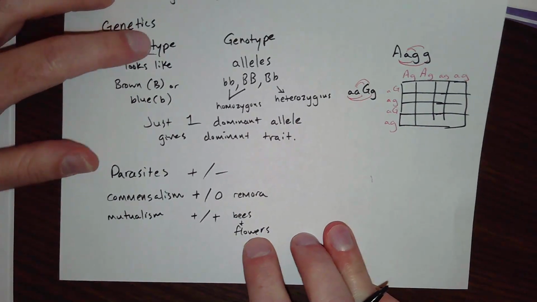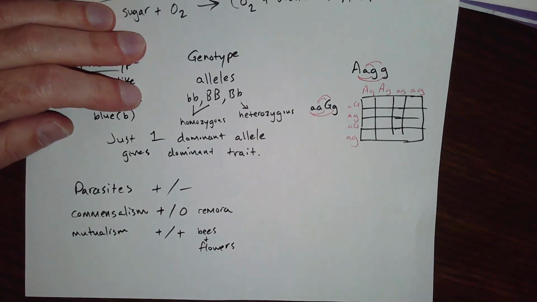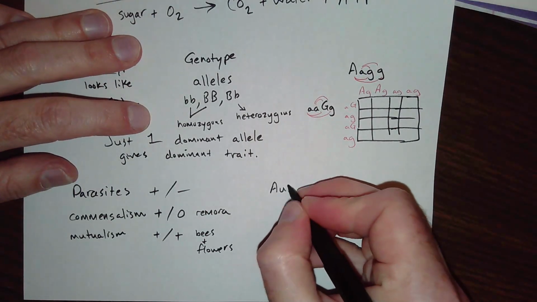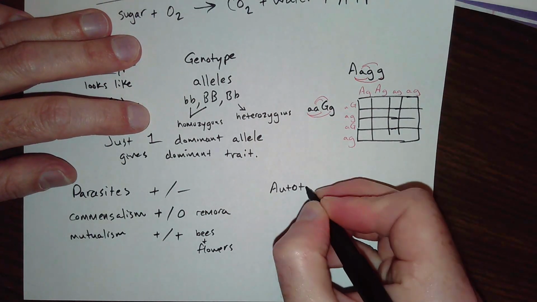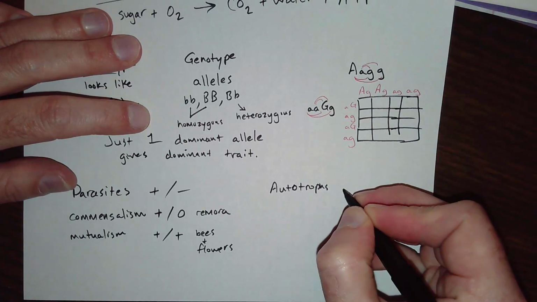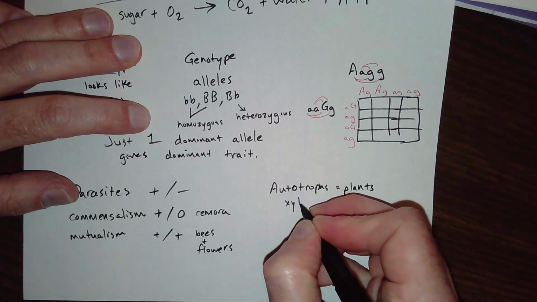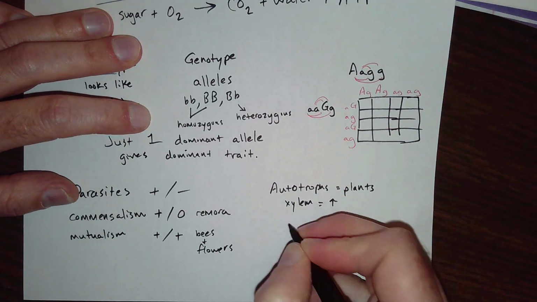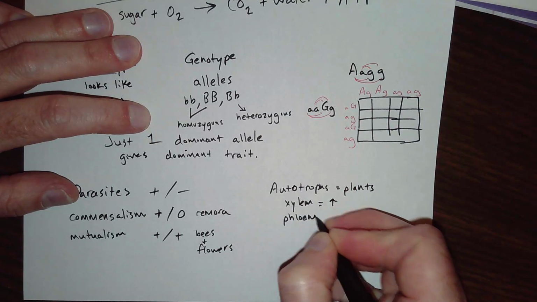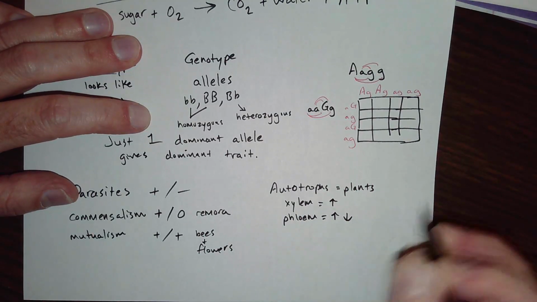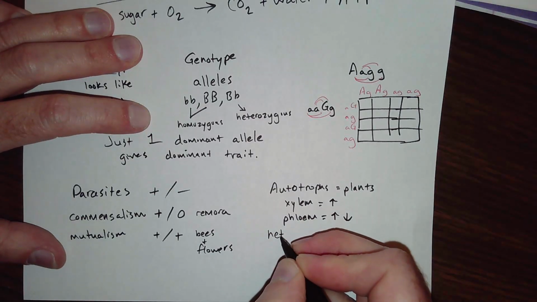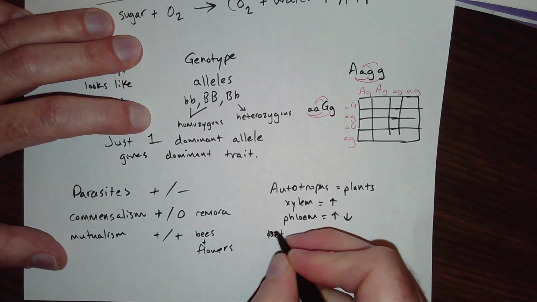They get pollination. Okay, and then vocabulary you're likely to forget. Autotrophs are plants. Xylem carries stuff up from the roots. Phloem carries stuff both directions. Heterotrophs. Oh, let's not forget thigmotropism.